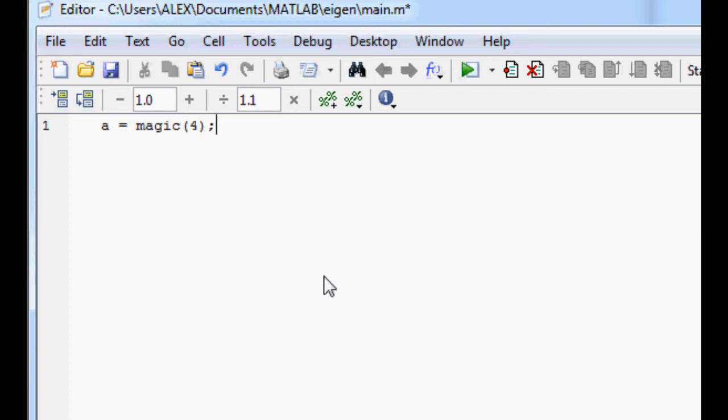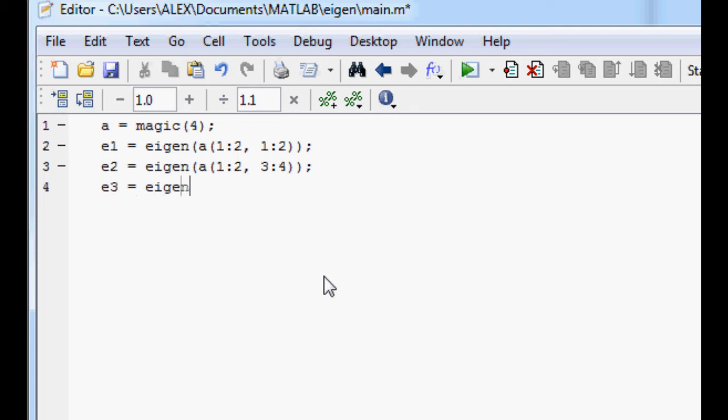We will solve for each set of eigenvalues with the following lines. E1 equals eigen(A(1:2,1:2)). E2 equals eigen(A(1:2,3:4)).